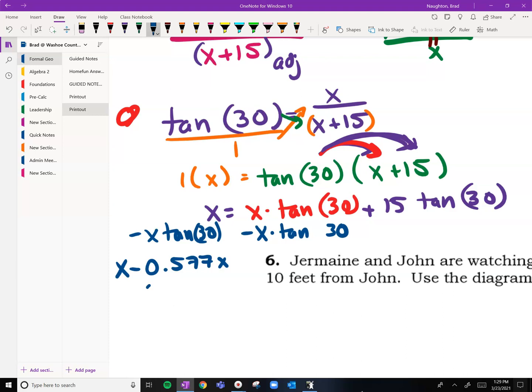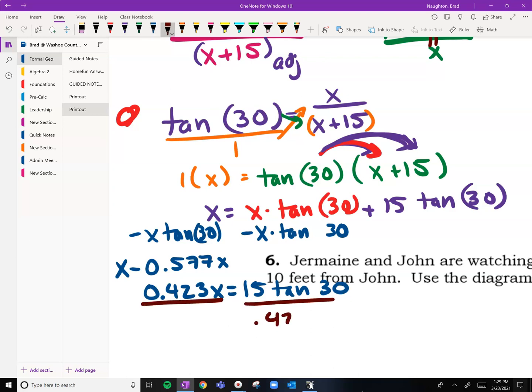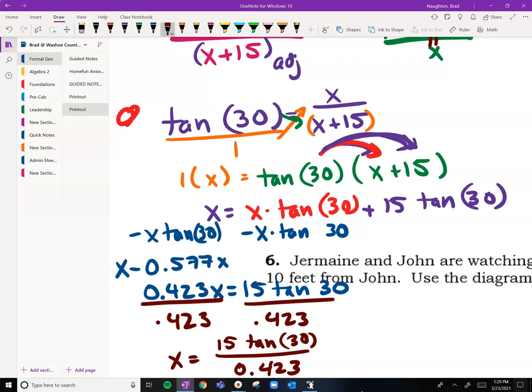So that's going to become 0.423x is equal to 15 tangent 30. Alrighty, so then we're going to divide both sides by 0.423. And so x is going to be 15 tangent 30 divided by 0.423. And when we plug that into the calculator, we're going to get 17.745.